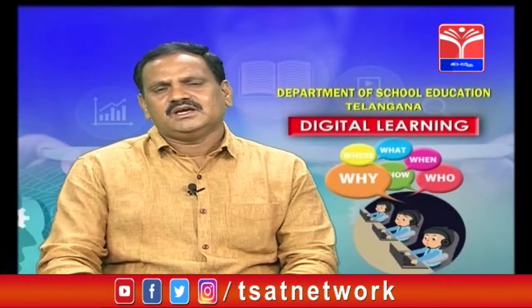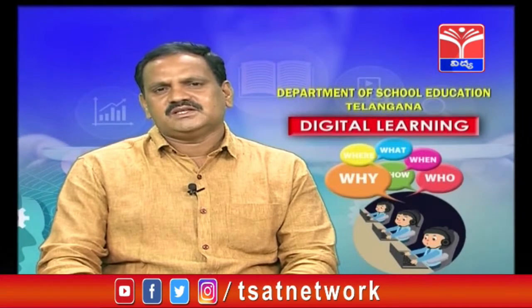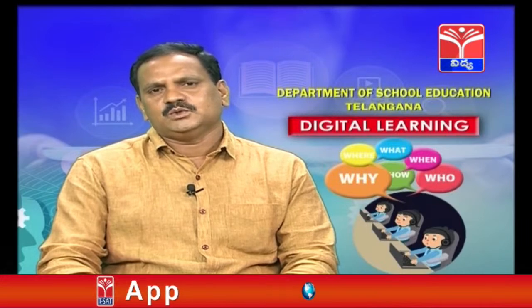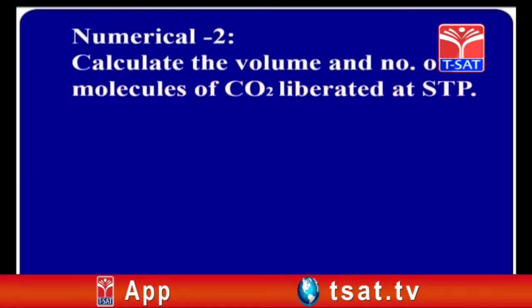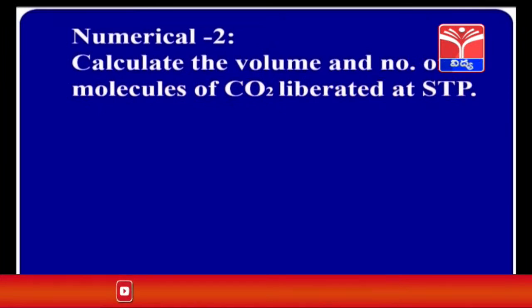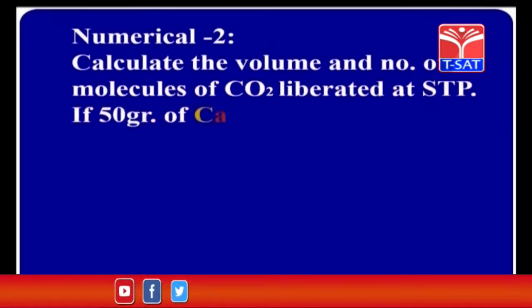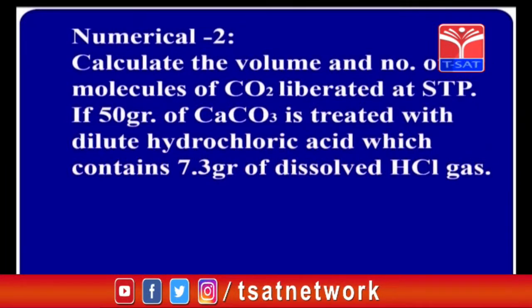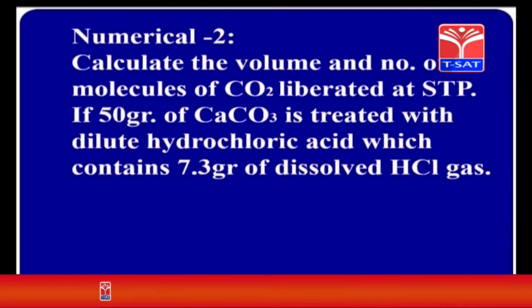Now let us do a numerical problem based on the concept of limiting reagent. Numerical 2. Calculate the volume and number of molecules of carbon dioxide liberated at STP, if 50 grams of calcium carbonate reacts with dilute hydrochloric acid which contains 7.3 grams of dissolved hydrochloric acid gas.